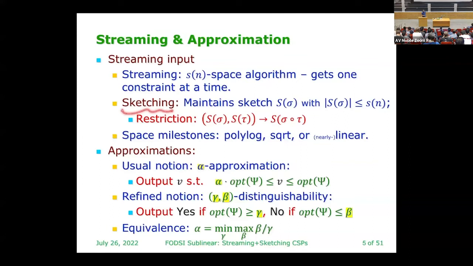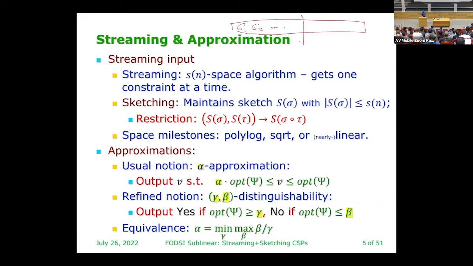A special case that we will be talking about are what are called sketching algorithms. Now, what are sketching algorithms? What's a streaming algorithm in general? You're given some long sequence of inputs, so some constraints, sigma 1, sigma 2, and so on.